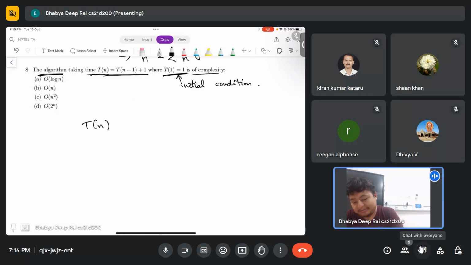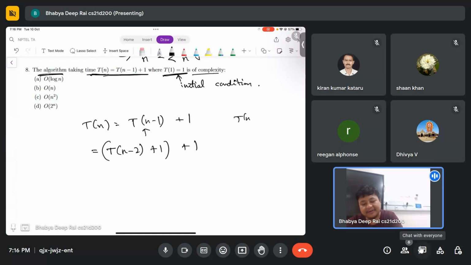There is an algorithm described by this particular recurrence, and T of n minus 1 can be substituted using the same definition. So this is nothing but T of n minus 2 plus 1 plus 1, because T of n minus 1 from this definition is T of n minus 2 plus 1.